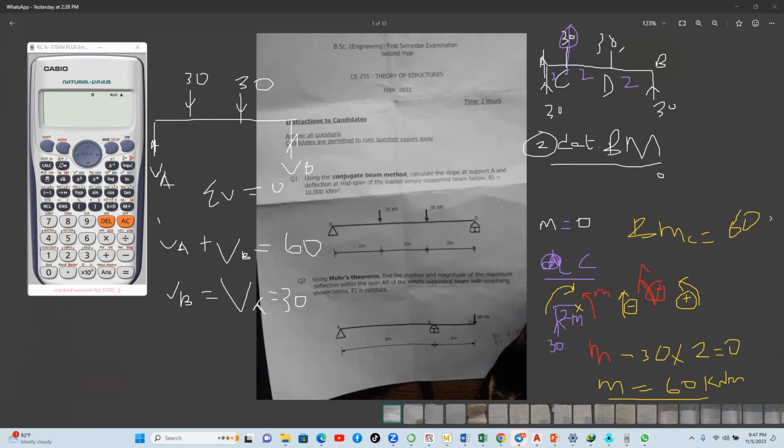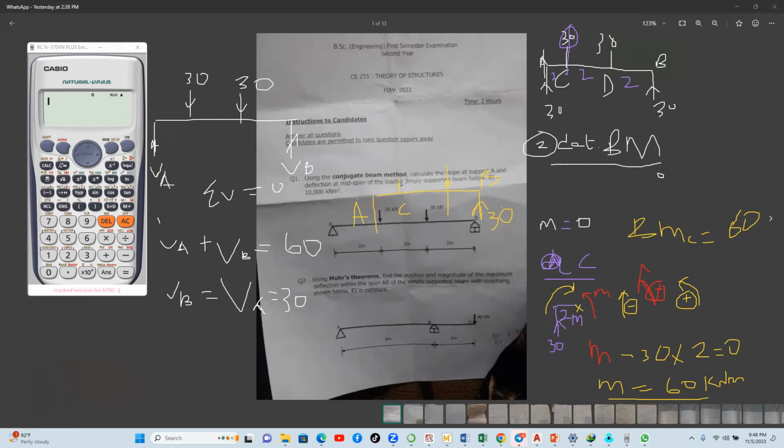From here, we come here at D. So at D, this is D. When you cut through D and you take one of the sides, so I'm now going to cut through D. Here is B, here is where my C is. There is a load there, C. And here is my A. Okay.